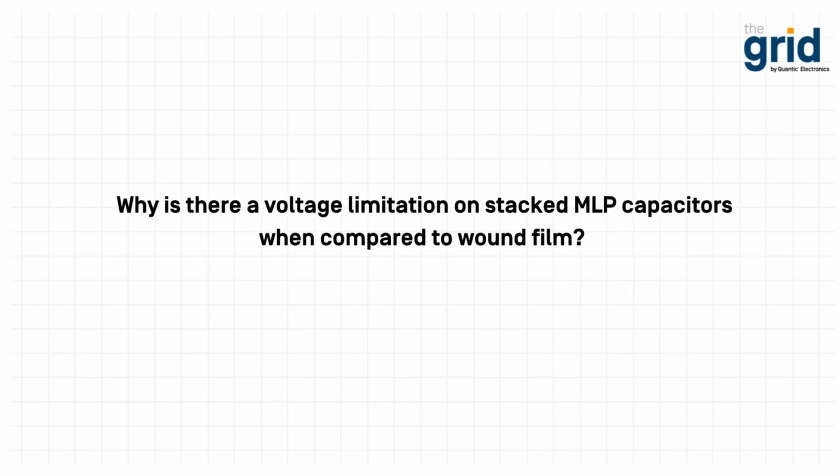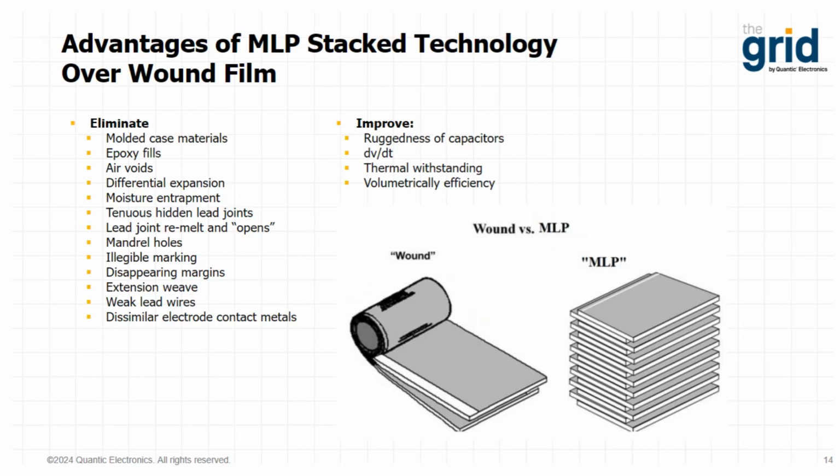Let me go back to that diagram quick, and hopefully if we look at these two constructions here, I mentioned that essentially the wound capacitor has two continuously wound electrodes, whereas the MLP has thousands of stacked electrodes that are individual. By having these wound, your high voltage area only occurs at one termination. With stacking, you have literally thousands of terminations to consider.